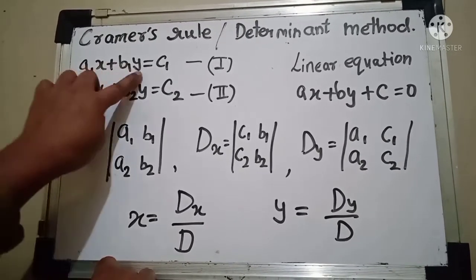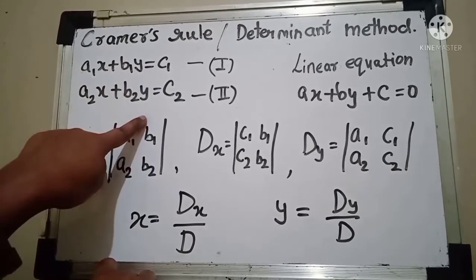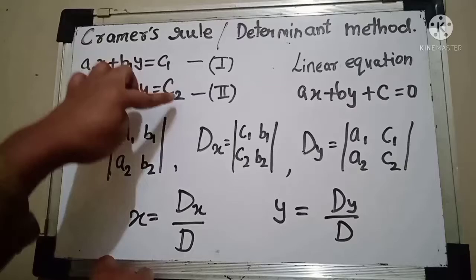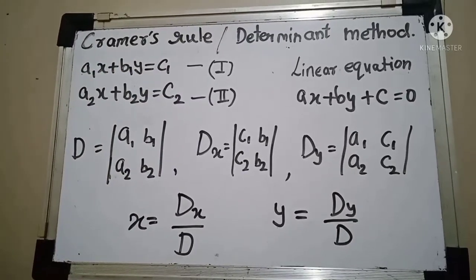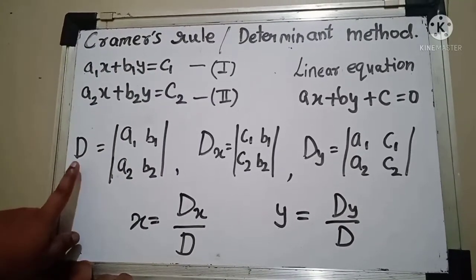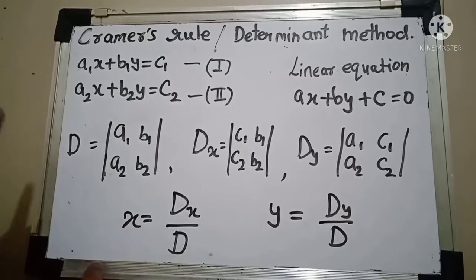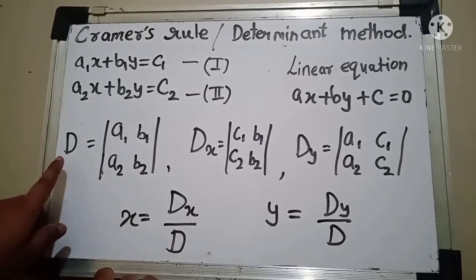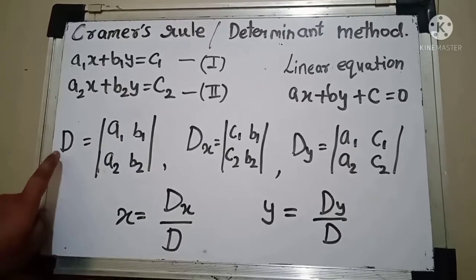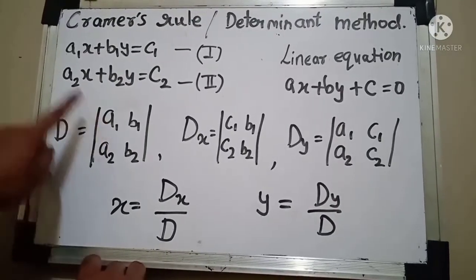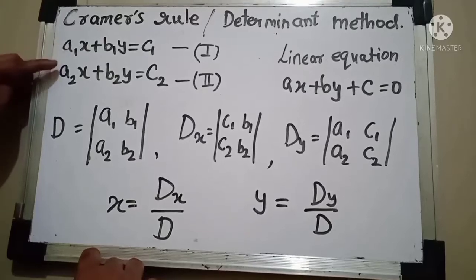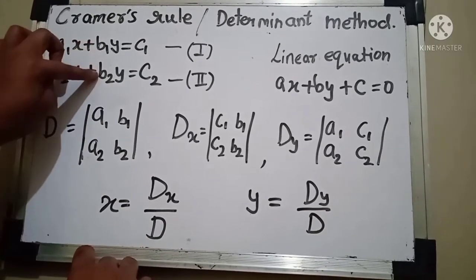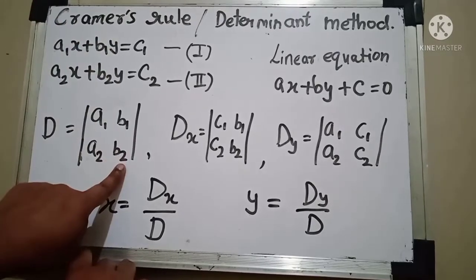The coefficient of x is a1 and a2, the coefficient of y is b1 and b2, and c itself. So the a, b, c here will be numbers. By using Cramer's rule you will find out x and y. For that you have to find the determinant D, in which you use a1 a2, that is the coefficient of x, and b1 b2, that is the coefficient of y.